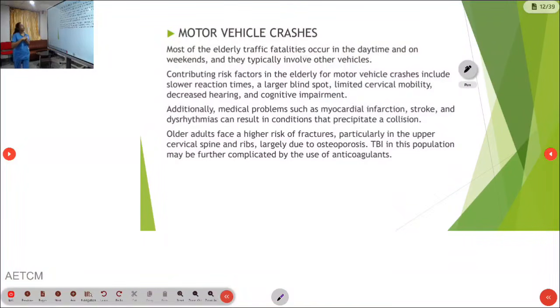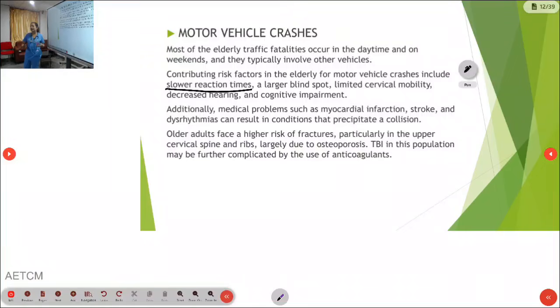The most important contributing factors are low reaction time, greater blind spot, limited cervical mobility, decreased hearing and cognitive impairment. Additional medical conditions like MI, stroke or dysrhythmia can also cause sudden syncope or sudden disturbance in an elderly person's body.